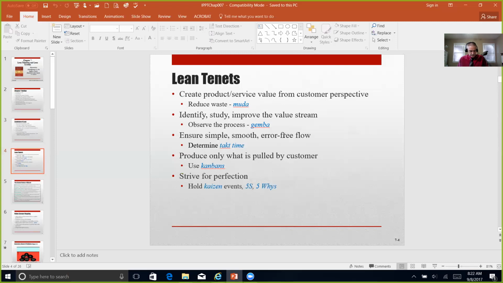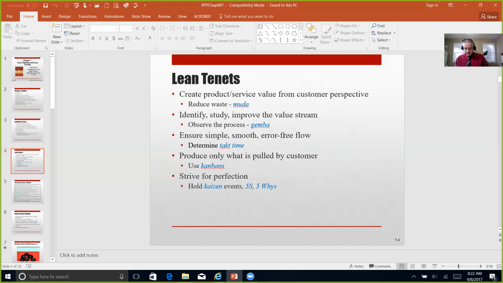Okay, step number 3, or tenet number 3 in lean thinking, is to ensure that the flow within a process is simple, smooth, and error-free, thereby avoiding waste. And to appreciate this, if we look at figure 7.2, you can see another classic example of simple, smooth, non-wasteful flow.